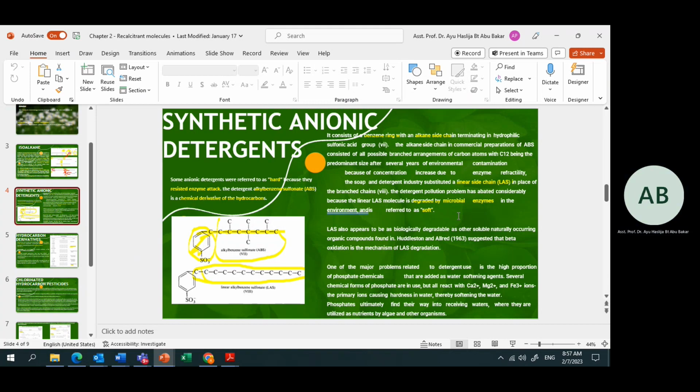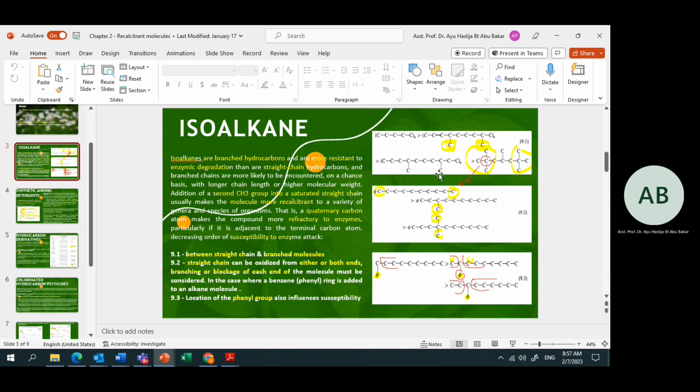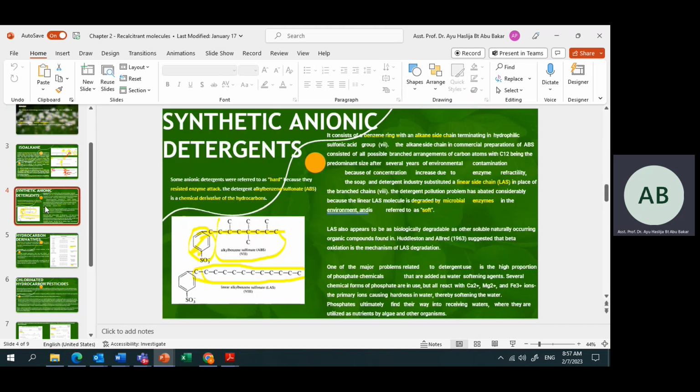Okay. So for the recalcitrant, we have isoalkane, where different locations of the branch will have different levels of susceptibility, resistivity, right? And then we also have the recalcitrant detergents.